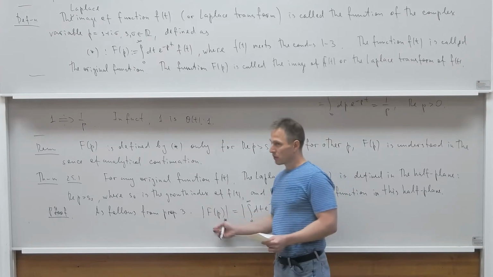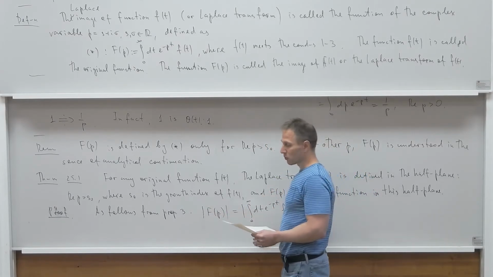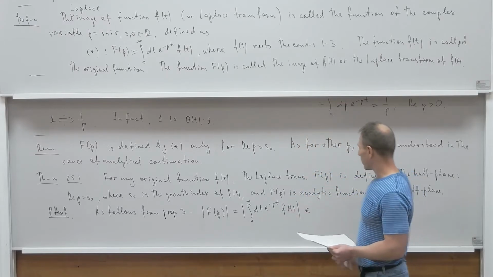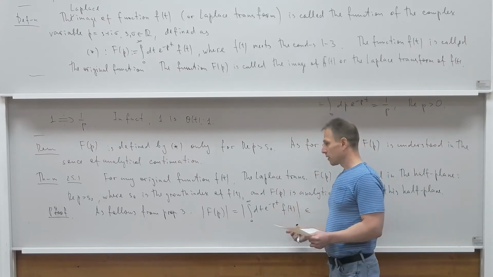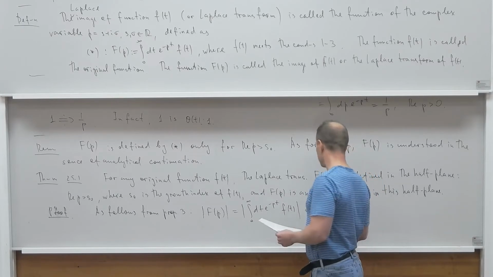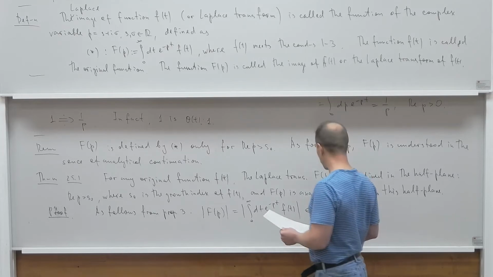The modulus of the Laplace transform is given by the modulus of this integral, and we can estimate from above this expression using the well-known inequality: the modulus of the integral is less or equal to the integral of the modulus.